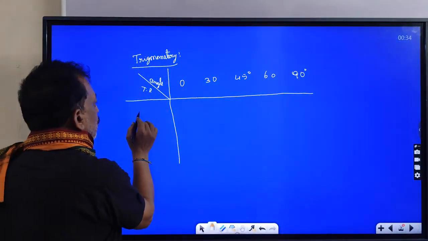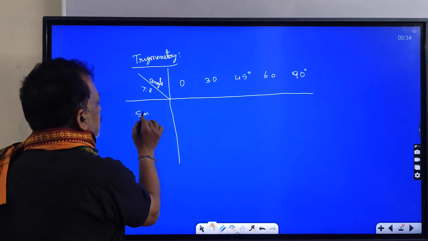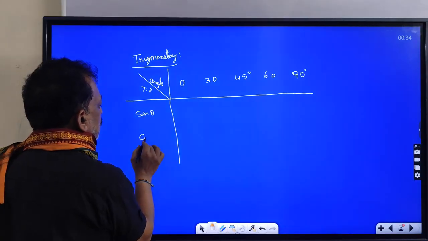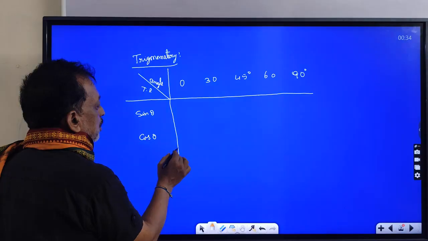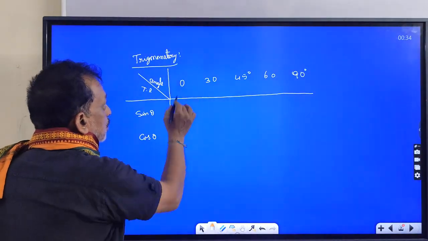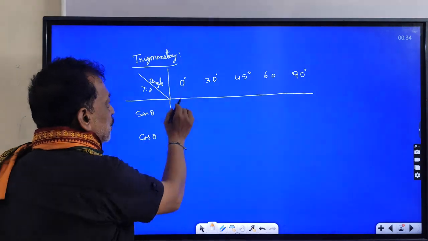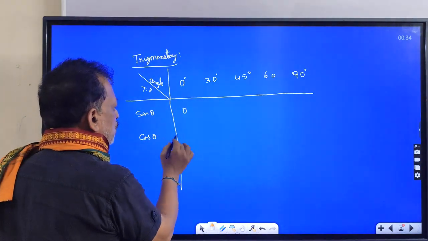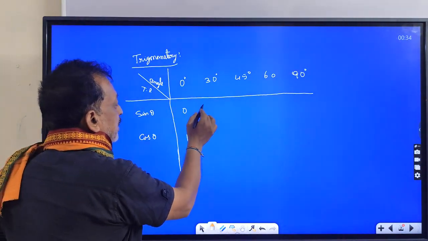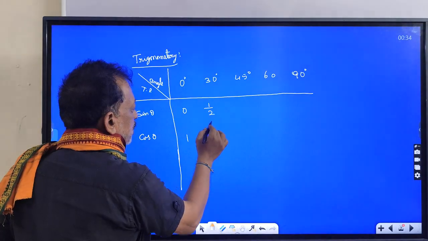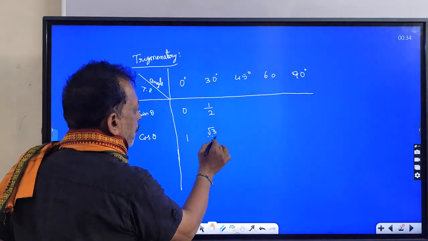Now sine theta, cos theta. Sin 0 is equal to 0, cos 0 is equal to 1, all of you know. Sin 30 is 1 by 2, cos 30 is root 3 by 2.